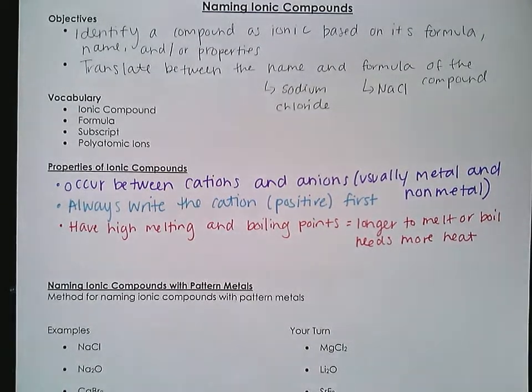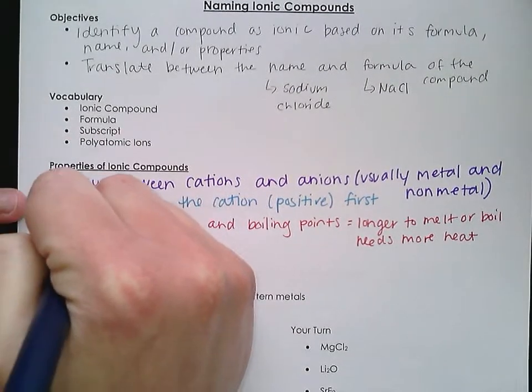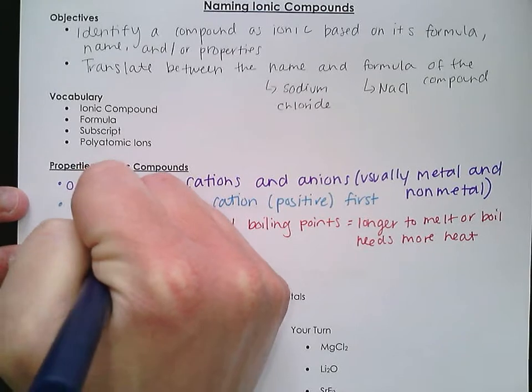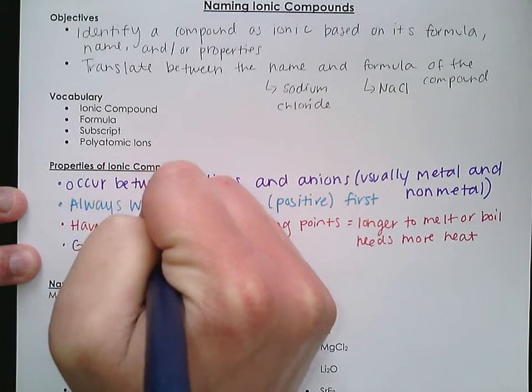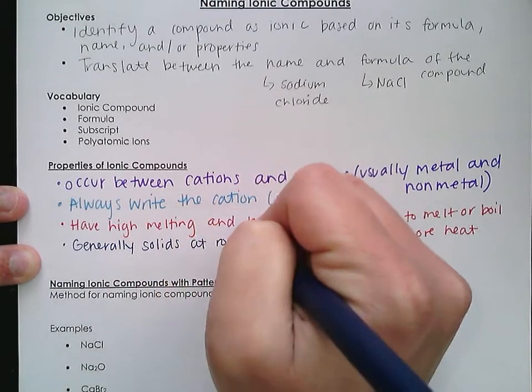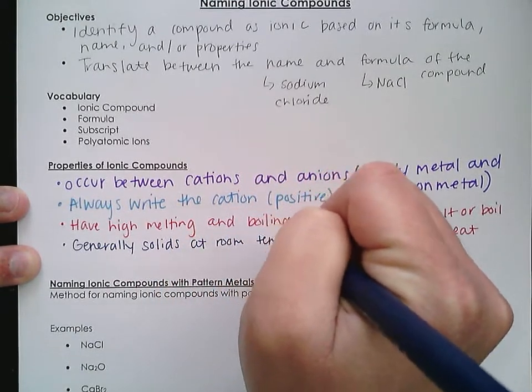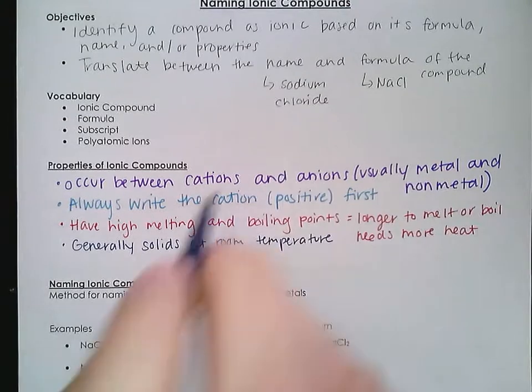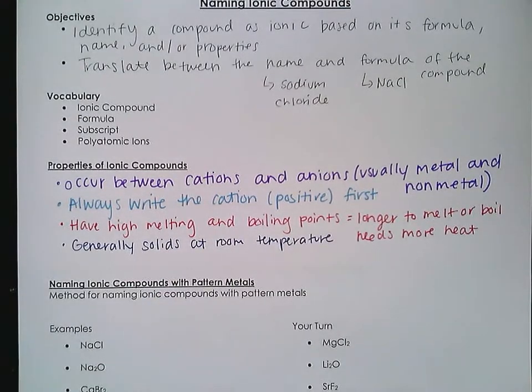If we get to do the comparison lab between ionic compounds and covalent compounds, you'll see that when we test salt. Now, in general, these are solids at room temperature. So that makes it a little bit easier for us to work with.